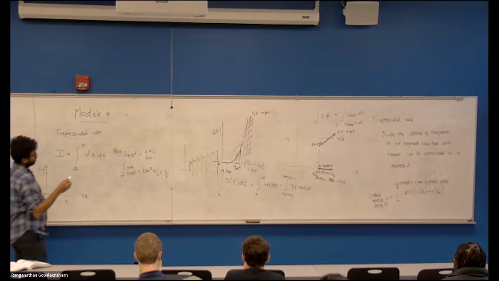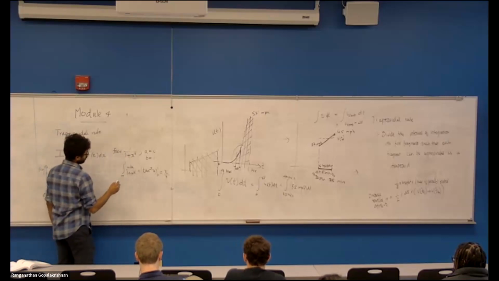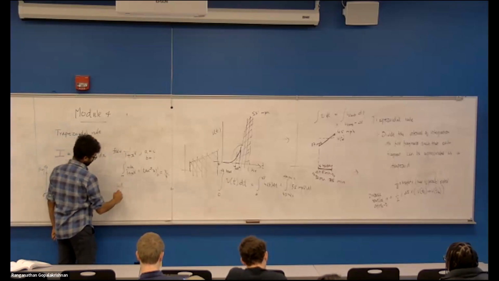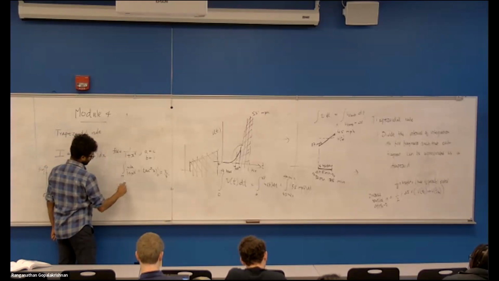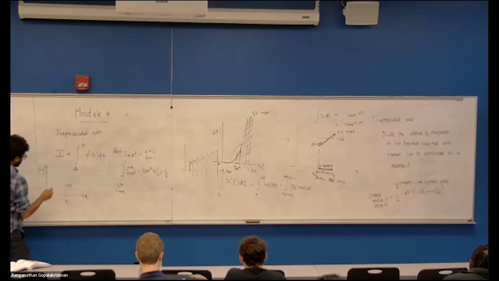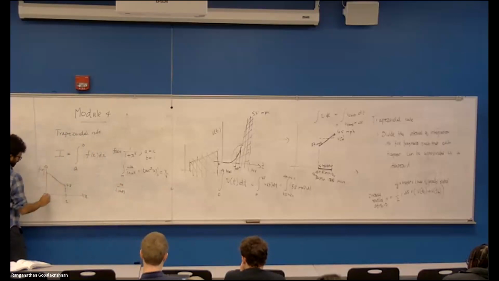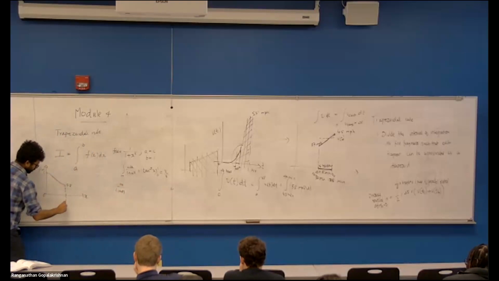It should steadily decrease, so minus 1 over 1 plus x squared times 2x. So it should always steadily decrease, that's right. Something like this. So you are asked to compute the area between 0 to 1.